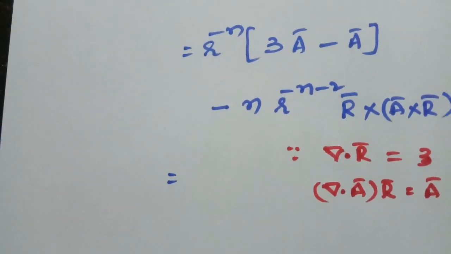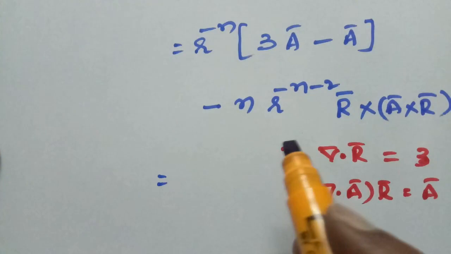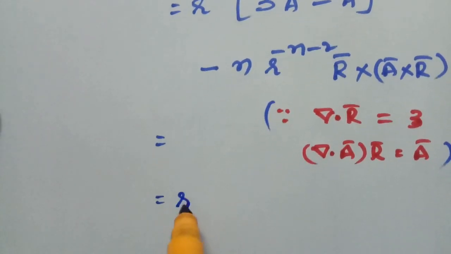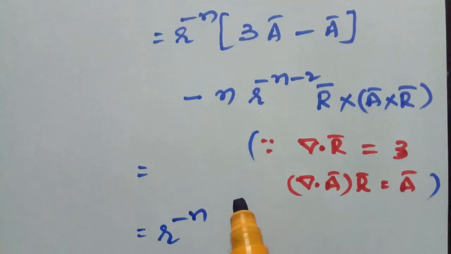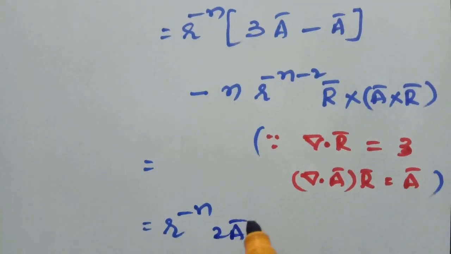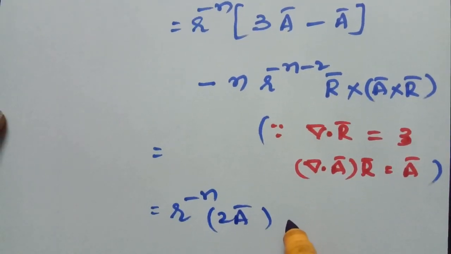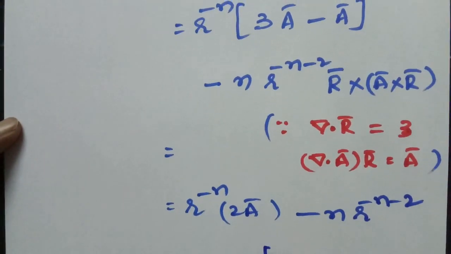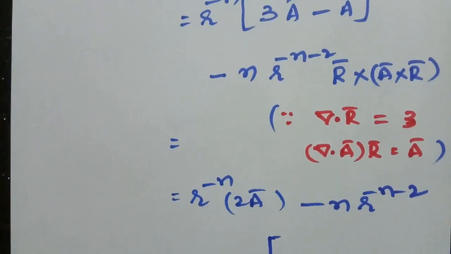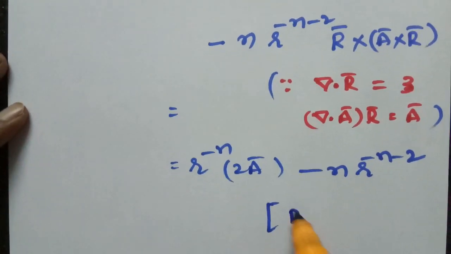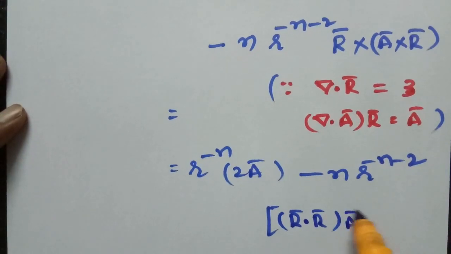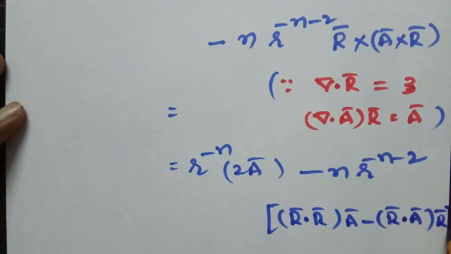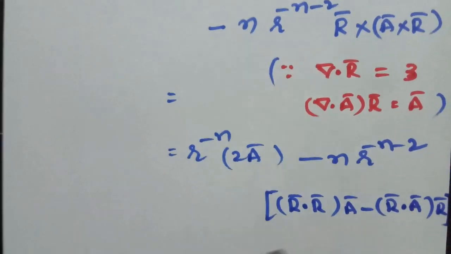Therefore, again, this can be written as minus r to the power of minus n into 3a bar minus a bar, that is 2a bar, minus n into r to the power of minus n minus 2 into r bar cross a bar cross r bar, that is the formula r bar dot r bar into a bar minus r bar dot a bar into r bar. I used this formula in the previous step also.